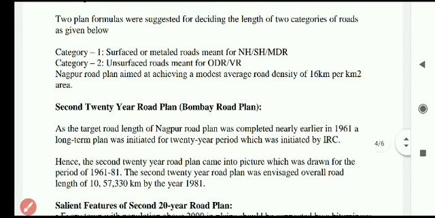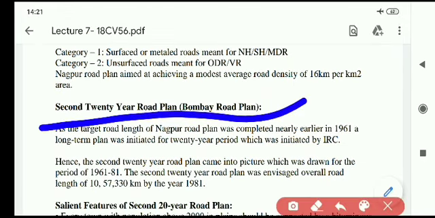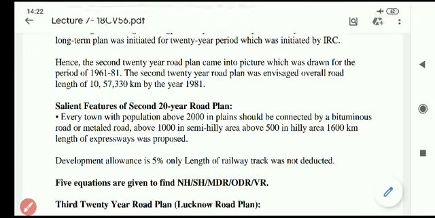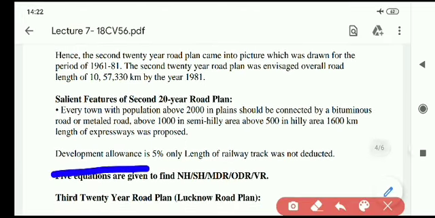Next we'll focus on the second 20-year road development plan, started in the year 1961 and up to 1981. The density of this plan is about 32 kilometer of road for every 100 square kilometer. Under this Bombay plan, the development allowance is 5% only.